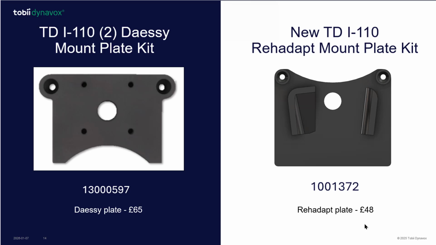Part number 13000597, which is the Daisy mount plate kit for the TDI 110, is available for £65. Or if you're using RayAdapt mounting solutions, then we have the RayAdapt mount plate kit, which is part number 1001372, and that's available for £48.